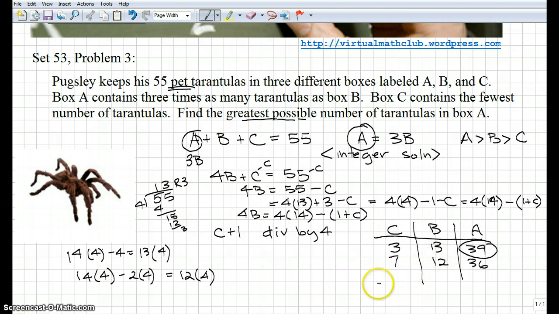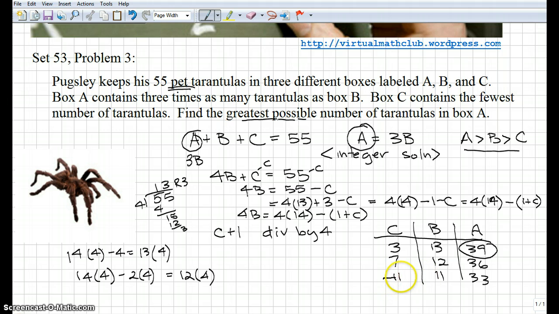Okay? Now, the next one that would work would be 11. So 11 plus 1 is 12, so that's 3 4s, and then we have 14 4s, so B would be 11 also, and I believe we get 33 then for A. But you can see this violates the statement here that A is greater than B, which is greater than C. Because now we have C and B with the same number of tarantulas, and we were told that C has the fewest number of tarantulas.